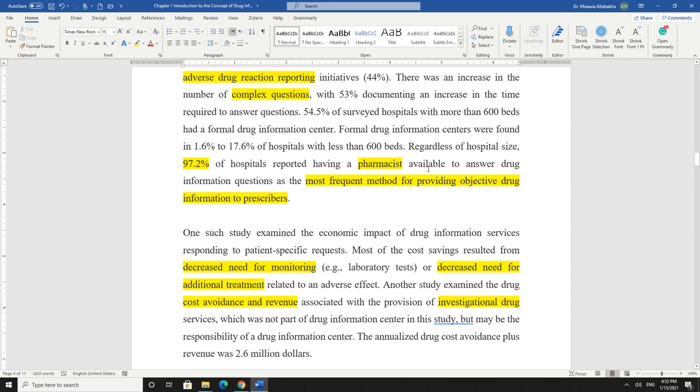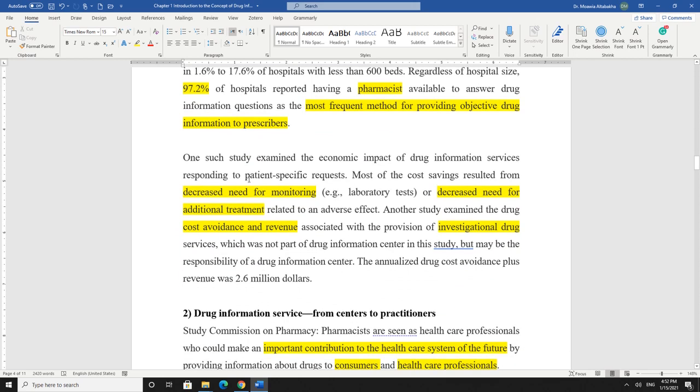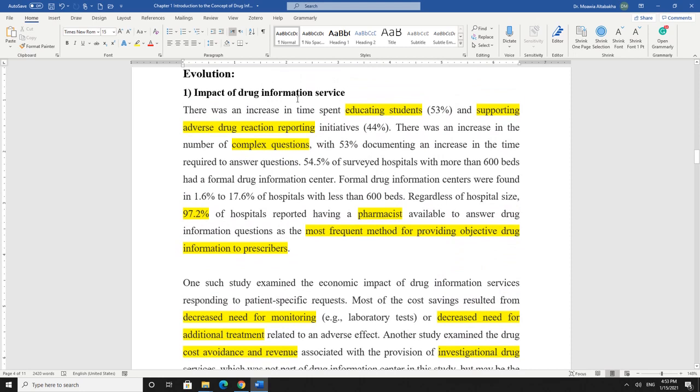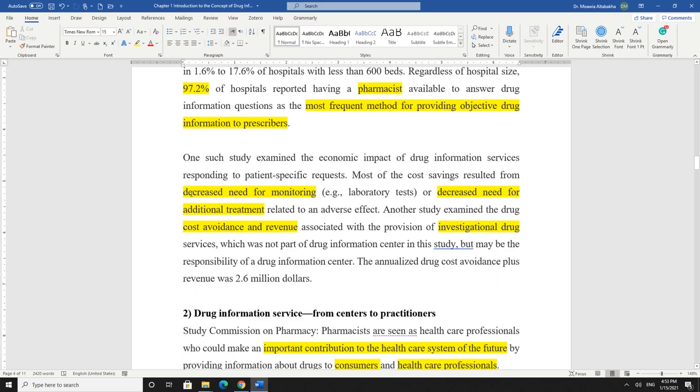That's why pharmacists are the main personnel to consult about medications. Another thing which impacted the drug information service is the need to decrease monitoring. If I give the wrong medication to a person and there is a side effect, I will ask him to do a lab test.